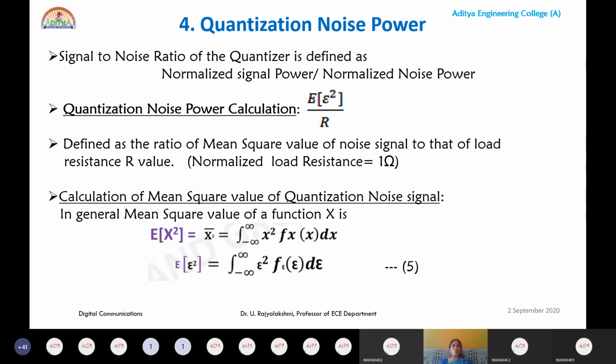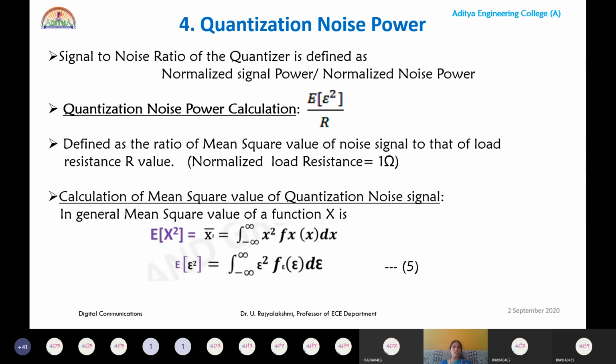Let us go to the general equation for mean square value. Expectation of x square. Let us define some general equation for the function x. How can we define the mean square? It is the integral from minus infinity to plus infinity of x square into its probability distribution function.